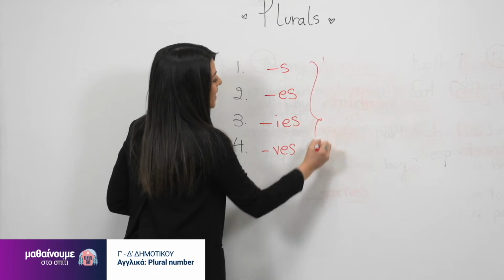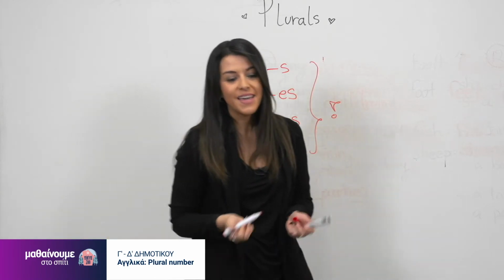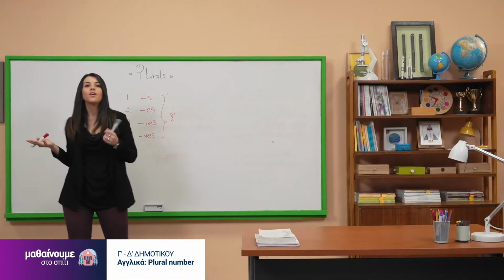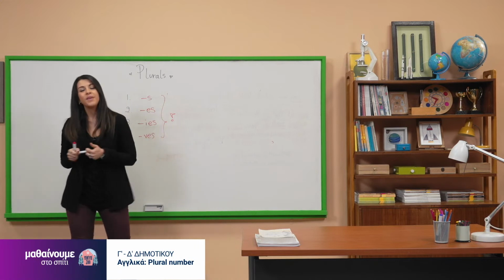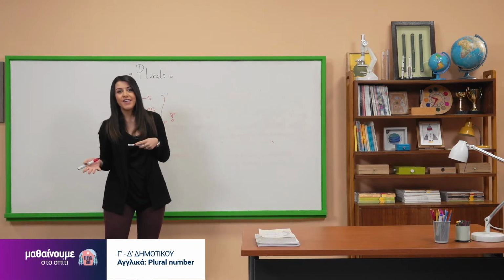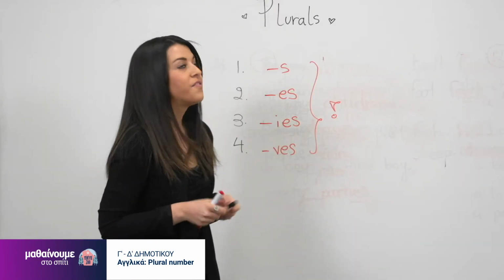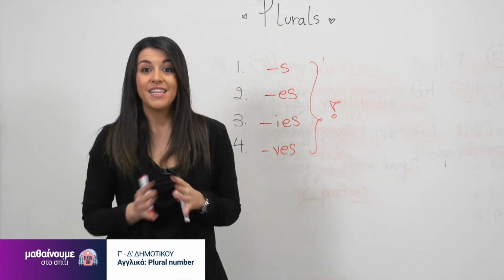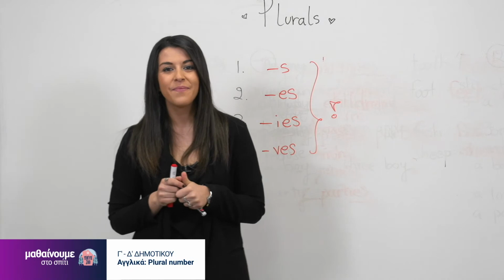Okay, these are the basic ones. And then the irregular ones that we said, man, men, woman, women, child, children, person, people, mouse, mice, and then we have foot, feet, tooth, teeth, and finally fish, fish, and sheep, sheep. These are the most basic, the most important irregular ones, okay?